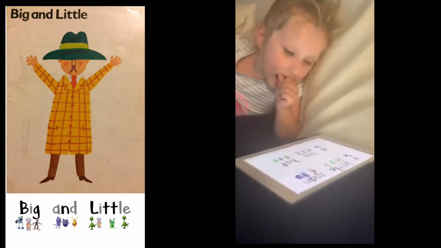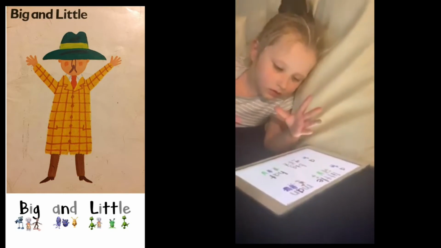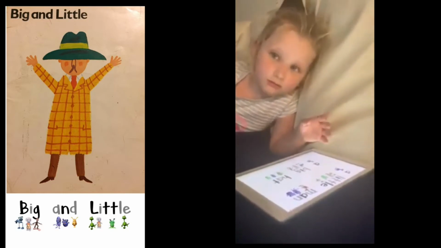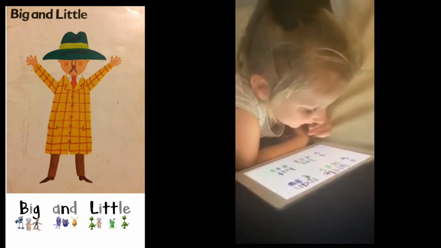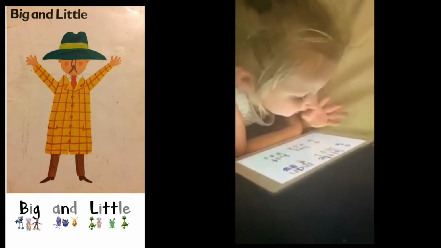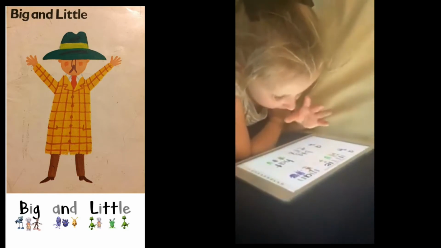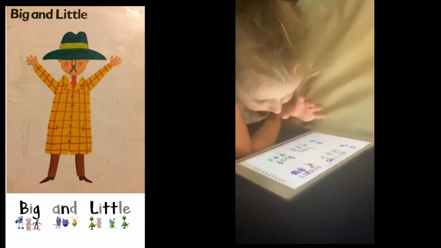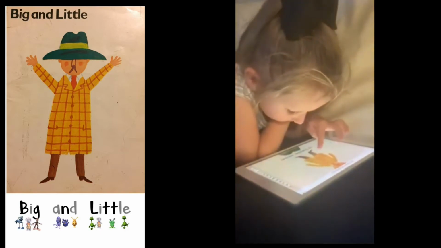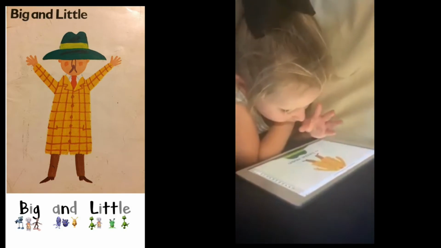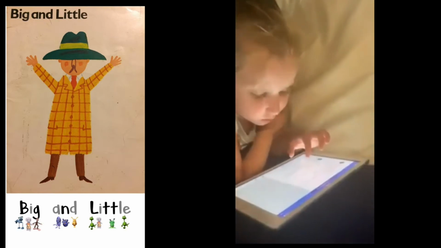Can you read the monsters for this one? Starting here. A little man, a big hat.